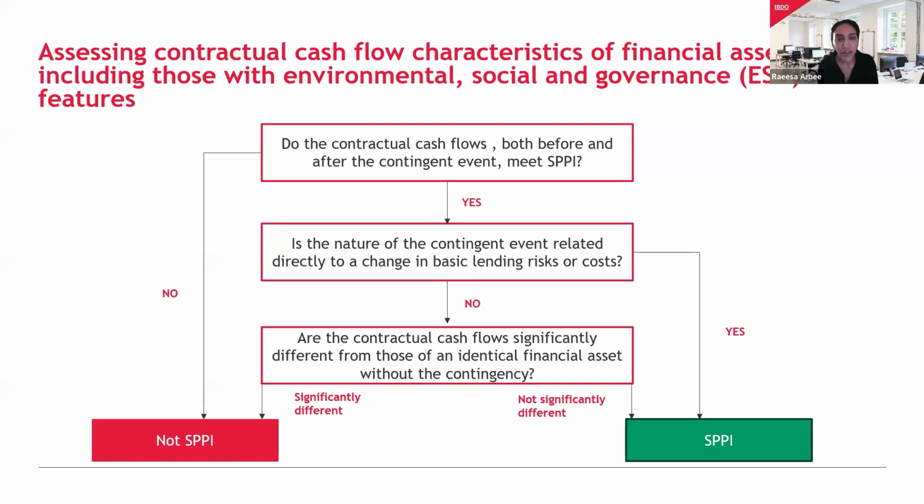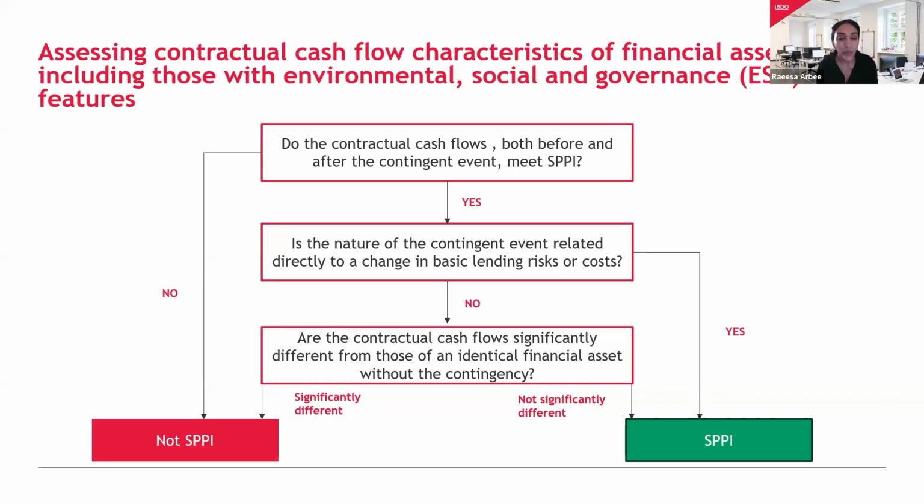And then we'd look at, are the contractual cash flows significantly different from those of an identical financial asset without this type of contingency? Now here, this is where there may potentially be some judgment because there's no bright line on what significantly different means. And so we have to assess what the cash flows would be if it didn't have this ESG-linked feature, what the new cash flows are now that it does have the feature, and compare them and determine if they are significantly different or not.